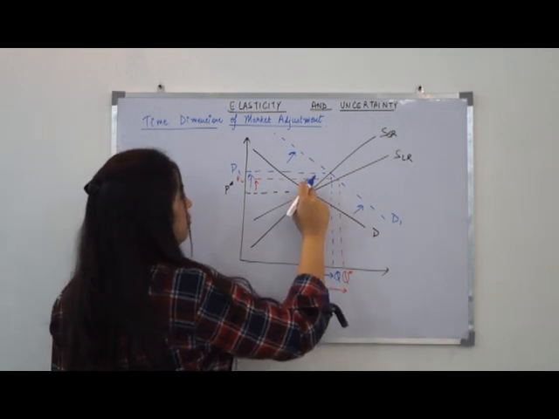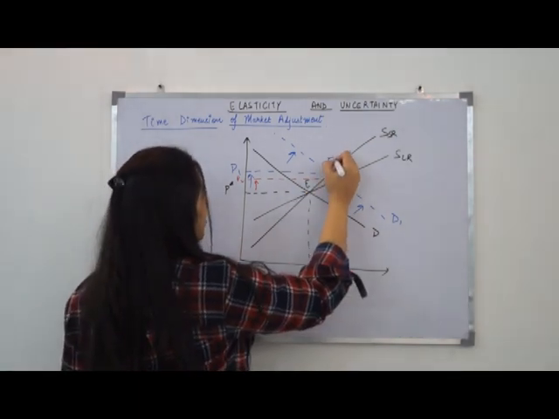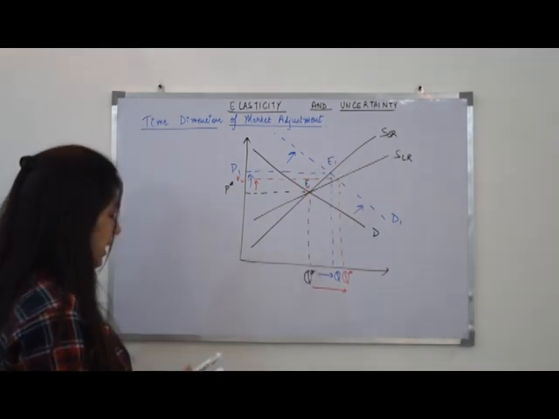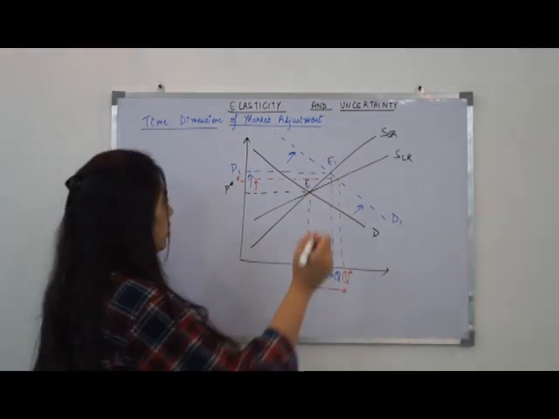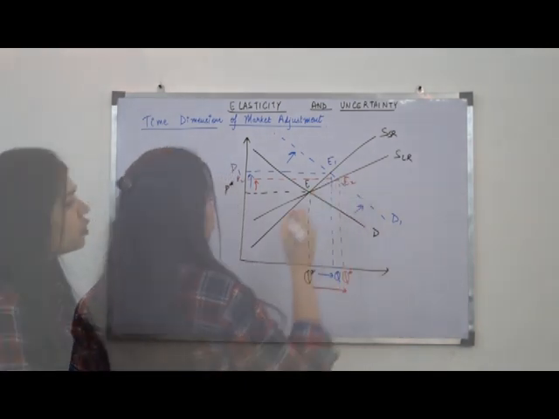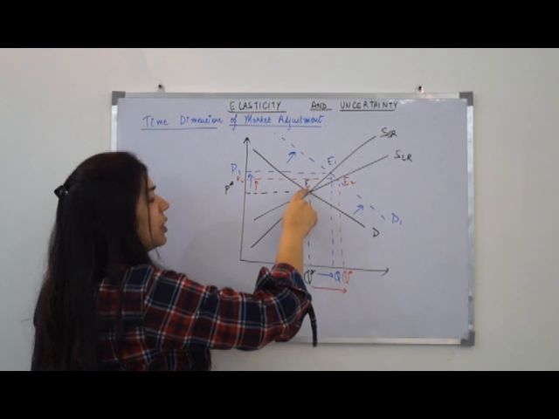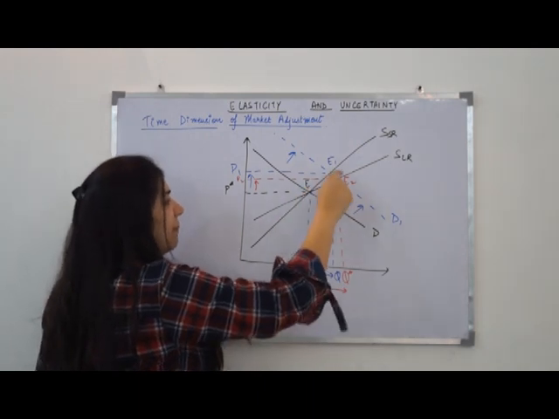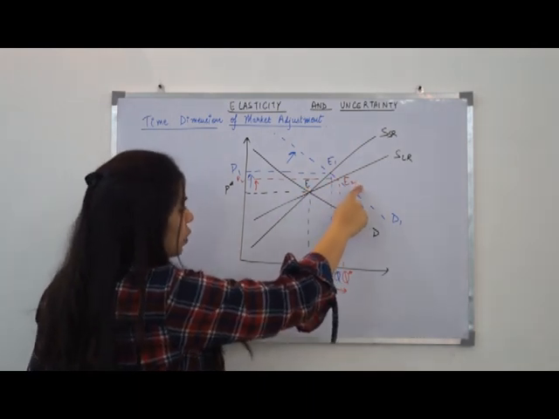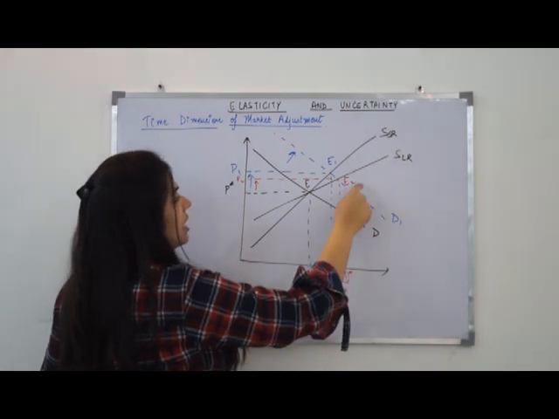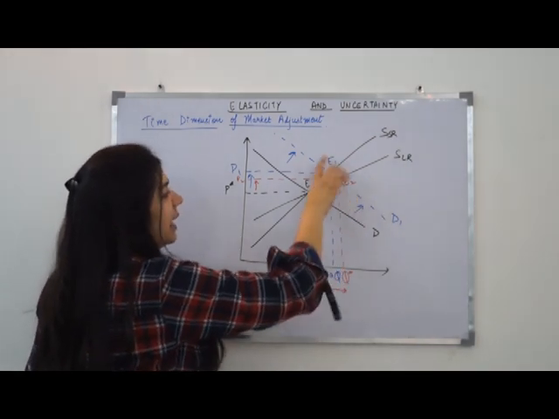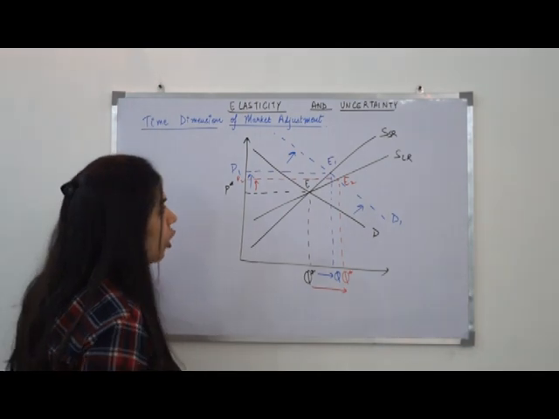We are first moving from point E to point E1, and from point E1 we are moving back downwards to point E2. So you can clearly see that E1 is higher in price than the initial equilibrium, but the new equilibrium in the long run, E2, is lower in price than the E1 equilibrium in the short run.